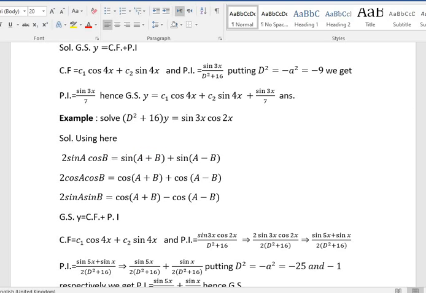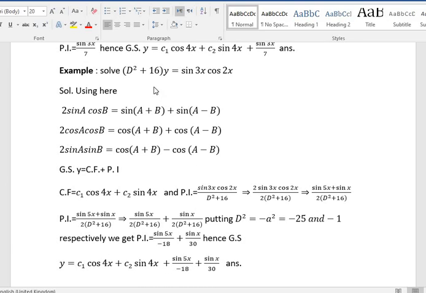It is given: solve the differential equation (D square plus 16) y equals sin 3x cosine 2x. First of all, the general solution is y equals CF plus PI.